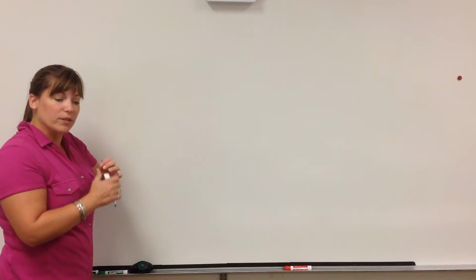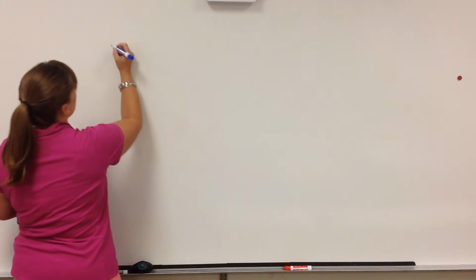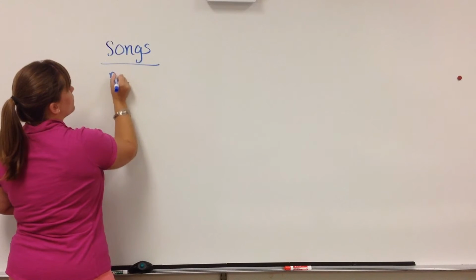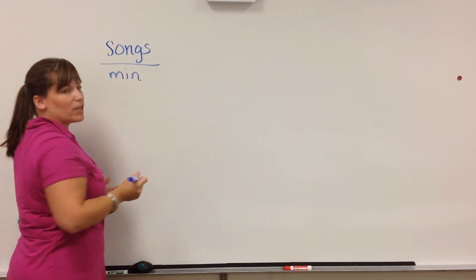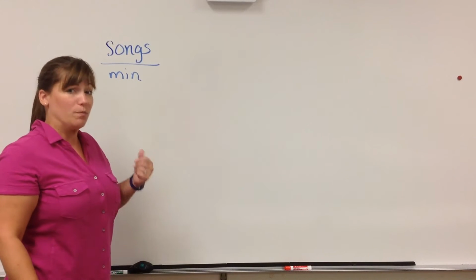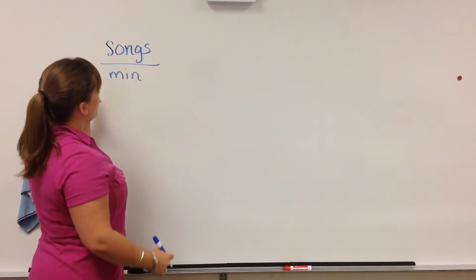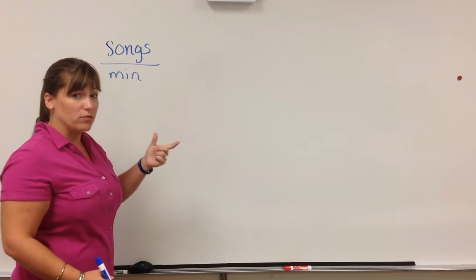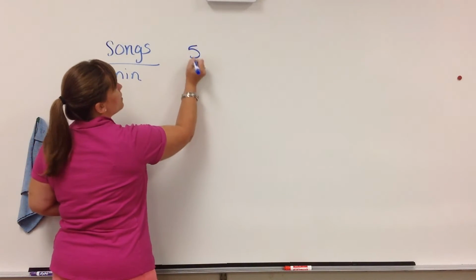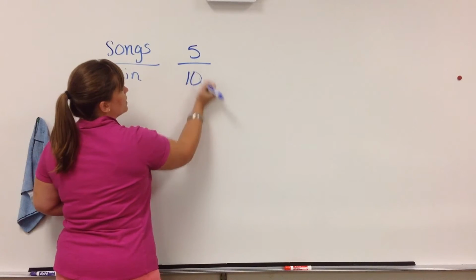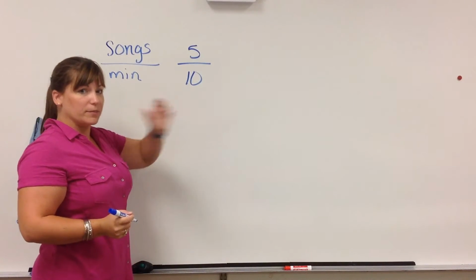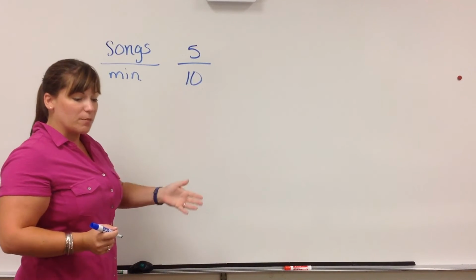And what I'm going to be picking is the songs per minute. And I just want you to look at this one because you may not have picked this one and you might see this later on. The songs, according to the example, were 5 songs, say, are being downloaded in 10 minutes. Now I want to get this into a unit rate that's simpler.